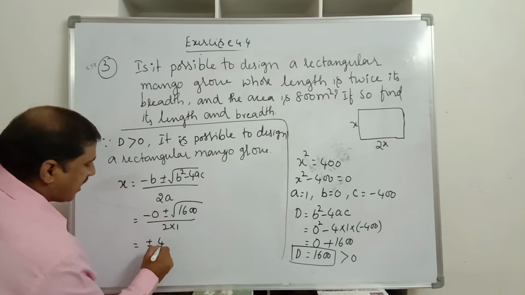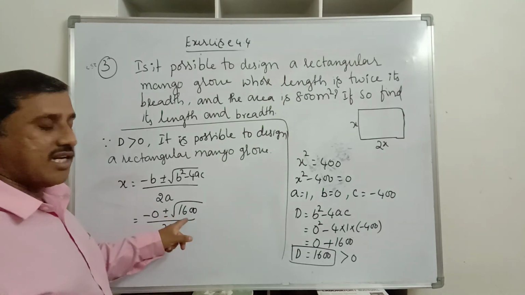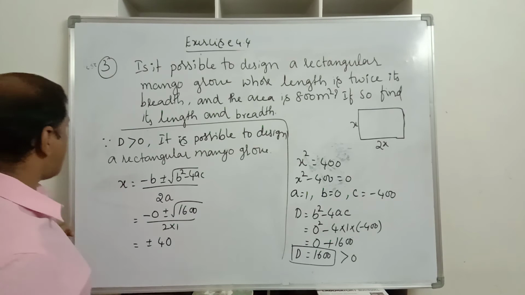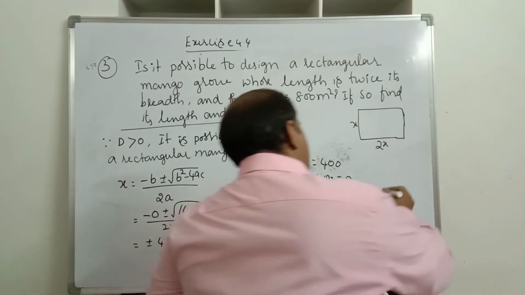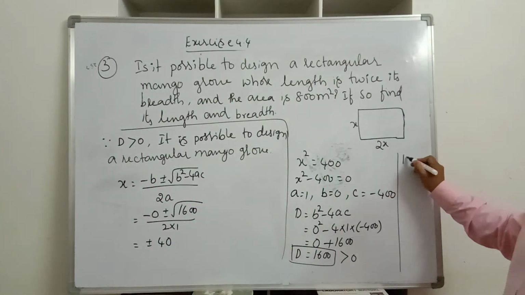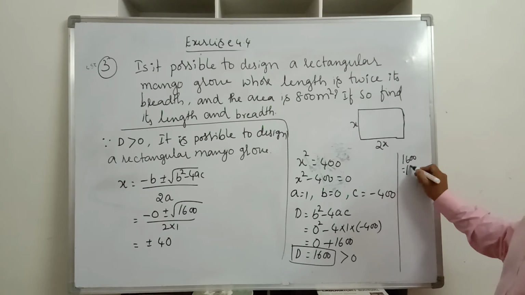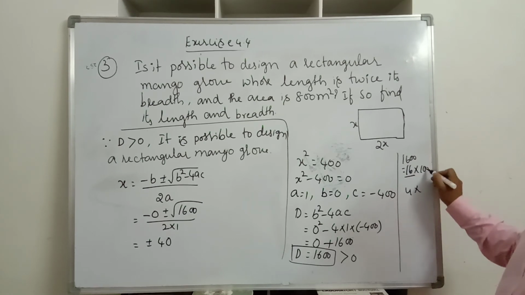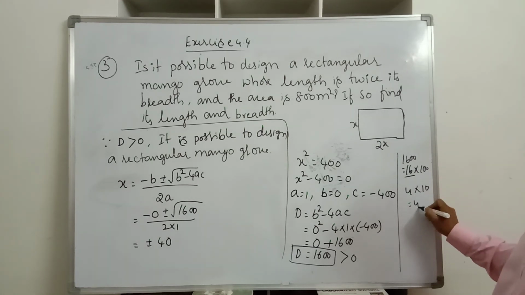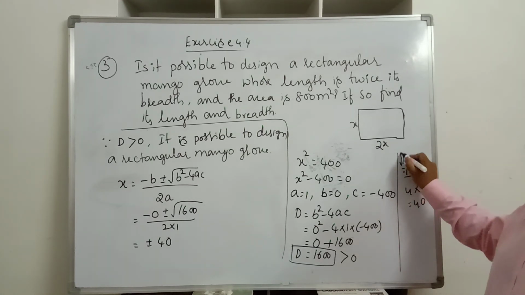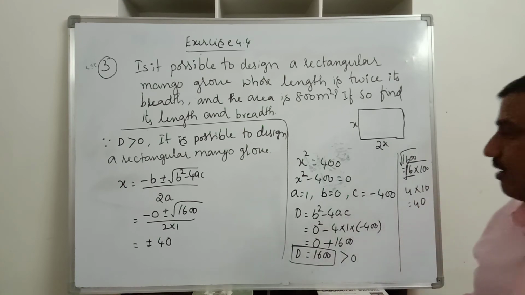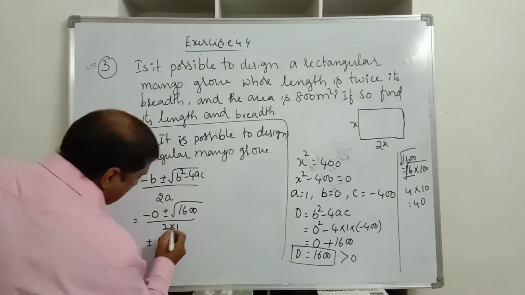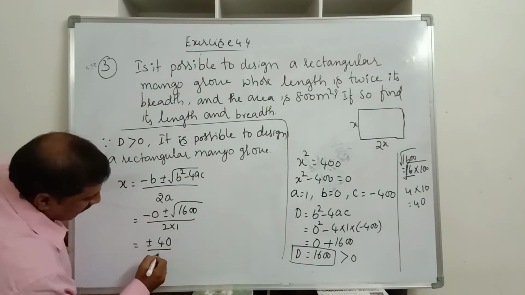How can you find the square root of 1600? 1600 can be written as 16 into 100. Square root of 16 is 4 and square root of 100 is 10. That is equal to 40. Therefore plus or minus 40 divided by 2 into 1, which is 2.